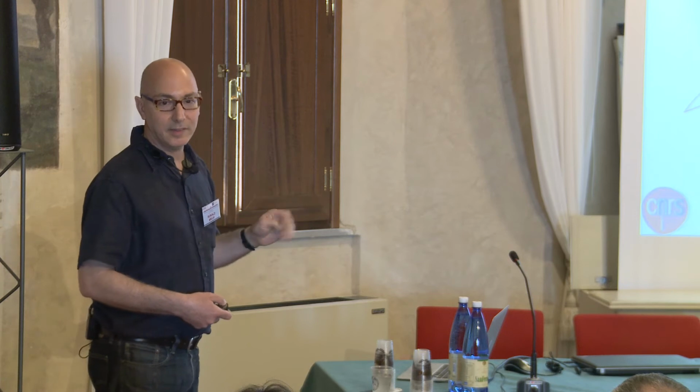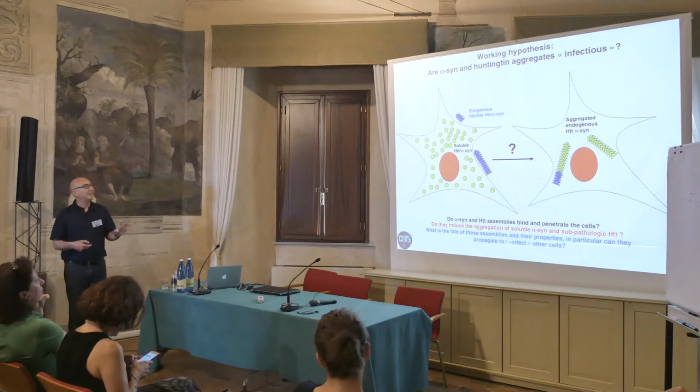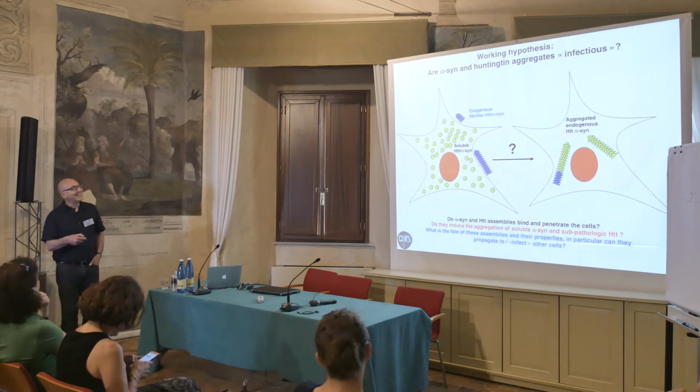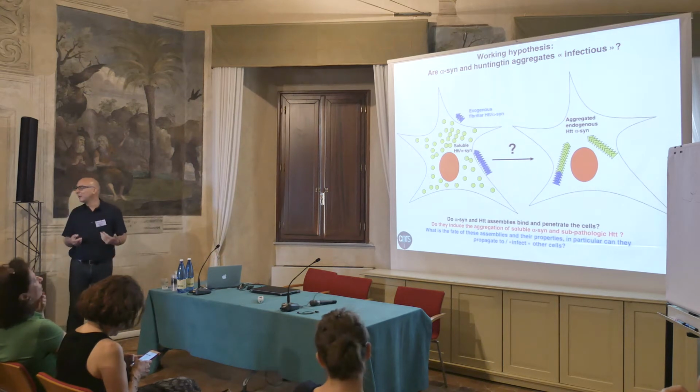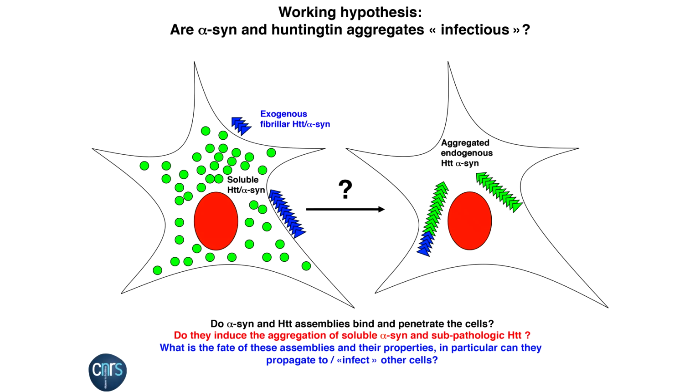At that point, he was in Lund. So the questions are very simple, I'm a physical chemist. Ron Kopito's lab has been active in the Huntington field, and Patrick is active in the alpha-synuclein field, so the question is: are these assemblies infectious? So basically, the questions are listed here.